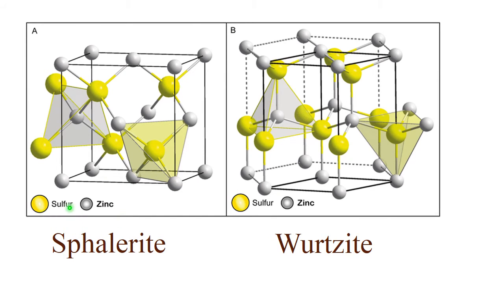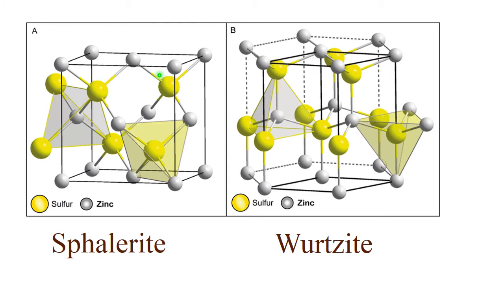Zinc blende is not the only zinc sulfide structure. There is another zinc sulfide, also with coordination number 4, which is wurtzite. It's a different mineral. It's visible that here it's hexagonal. It's interesting, it somehow resembles the picture with diamond.